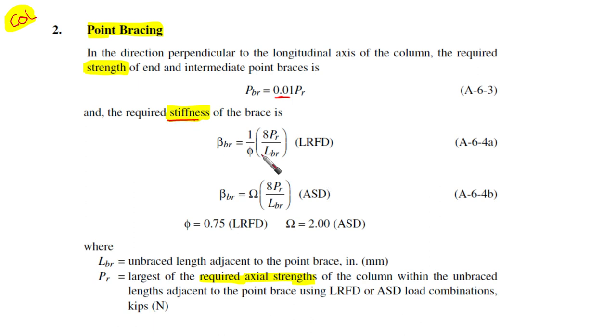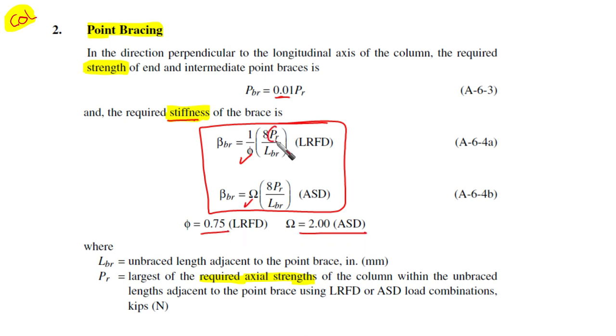And for the stiffness, in a similar fashion, we find the same equation as we used before. We know phi and omega are given for LRFD and ASD, and we have PR, required axial strength in the panel, and LBR is going to be the unbraced length. Remember, here it is 2.